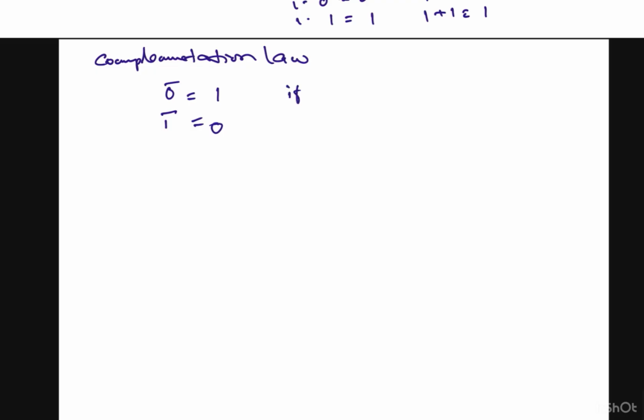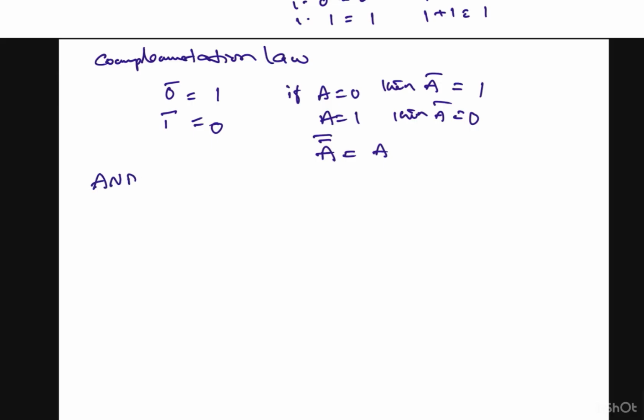So if you take A equal to 0, then A bar is equal to 1. If you take A equal to 1, then A bar is 0. If you take the double bar of A, A bar bar, then it will become A. So this we call the complementation law.